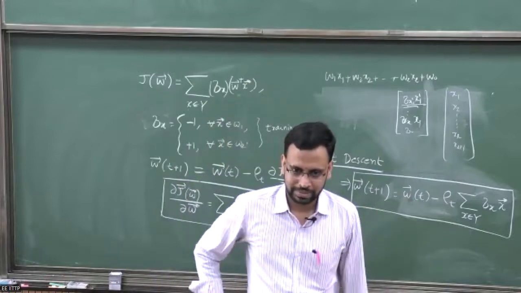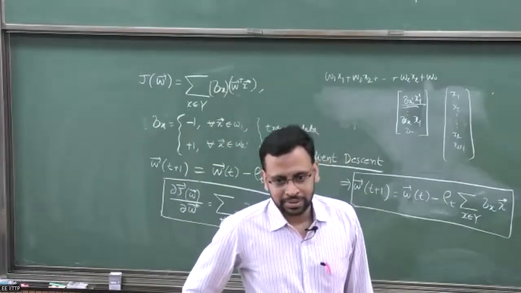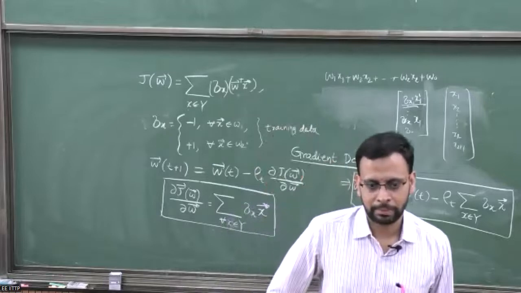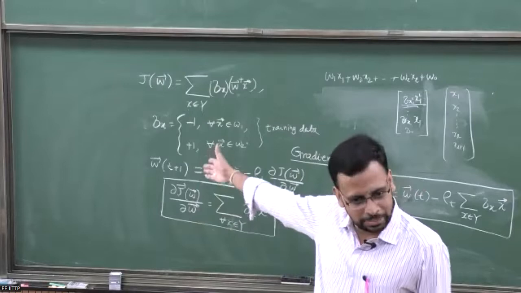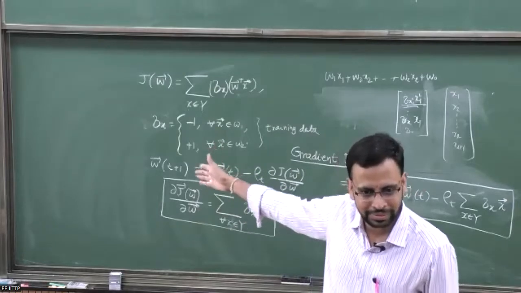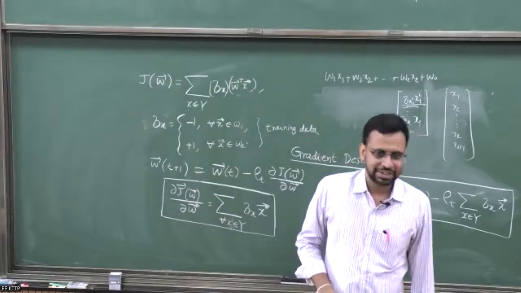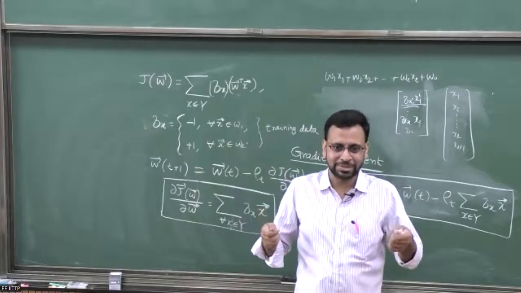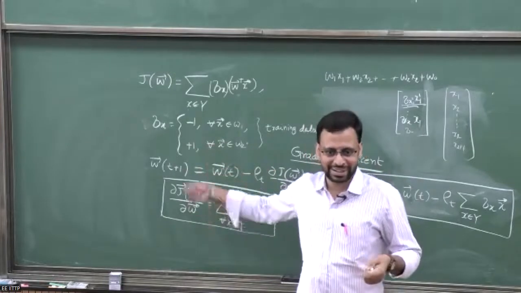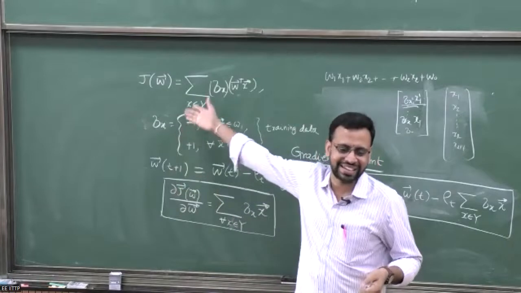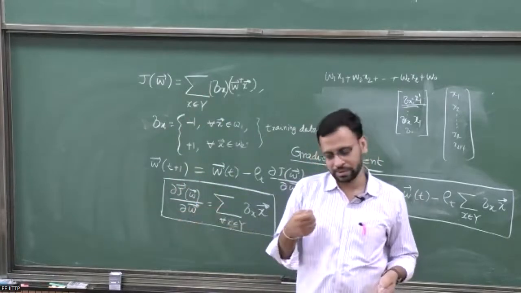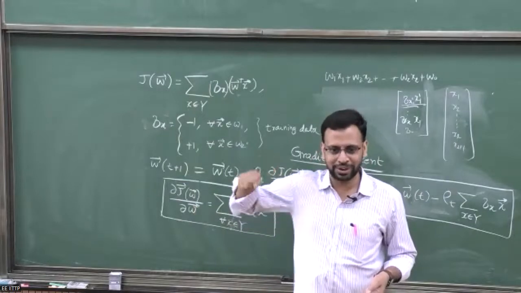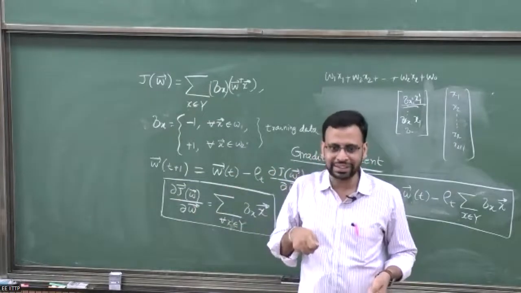Sir, I have a question. Is there any particular reason we are using the del x function? We could have gone with the absolute value function. It is exactly absolute, because that would remove any ambiguity in the writing. No, the only thing is, if I had used absolute, when I take the derivative, I need to spell it out. The moment I write it as del x, I'm just bringing it here. See, f of x equal to the absolute value of x: I need to write the derivative there.